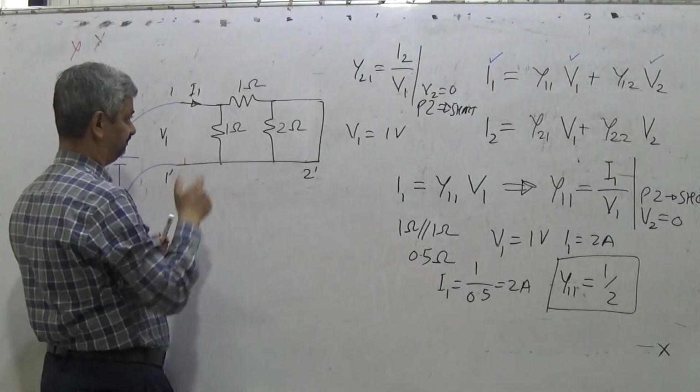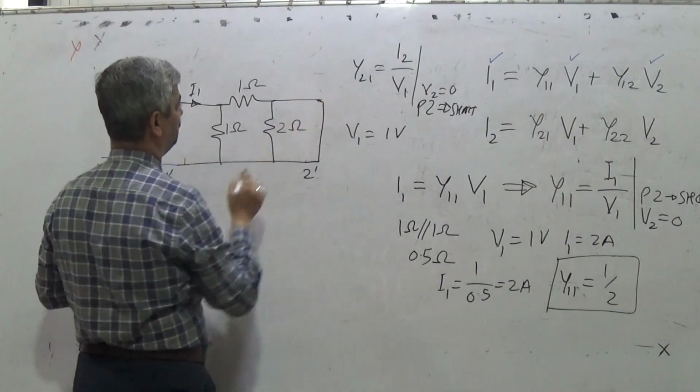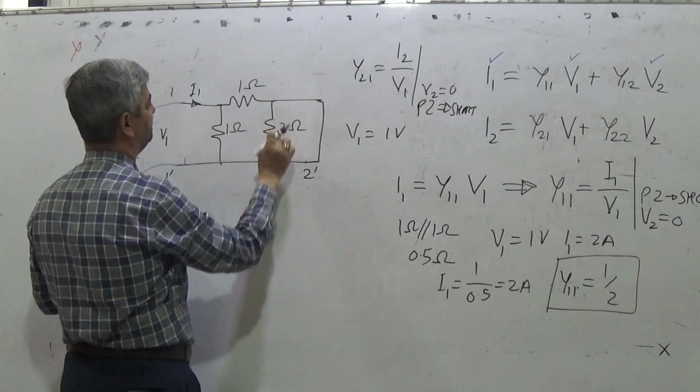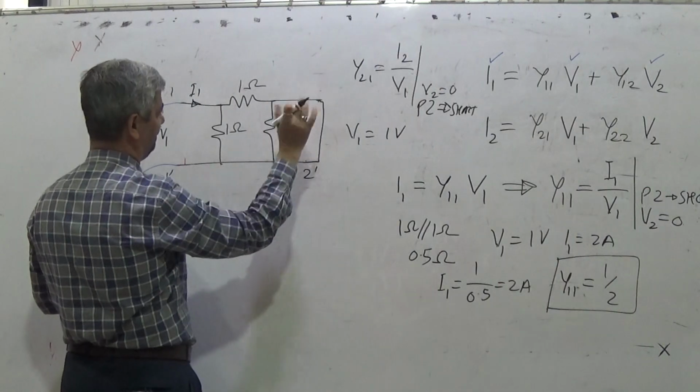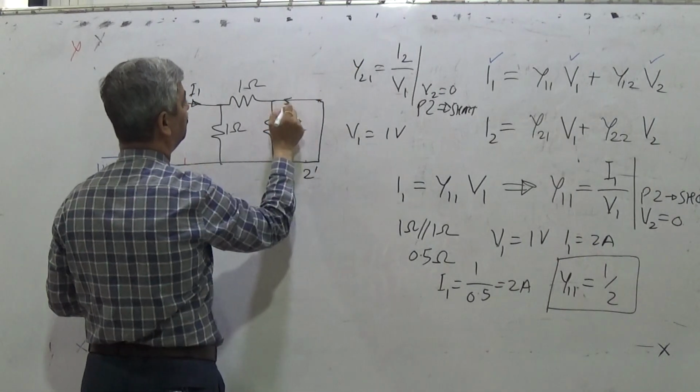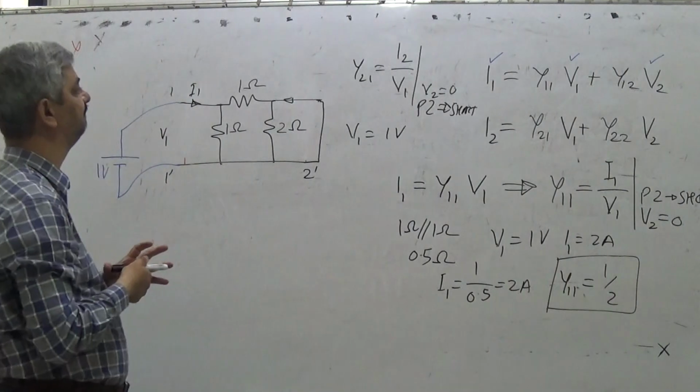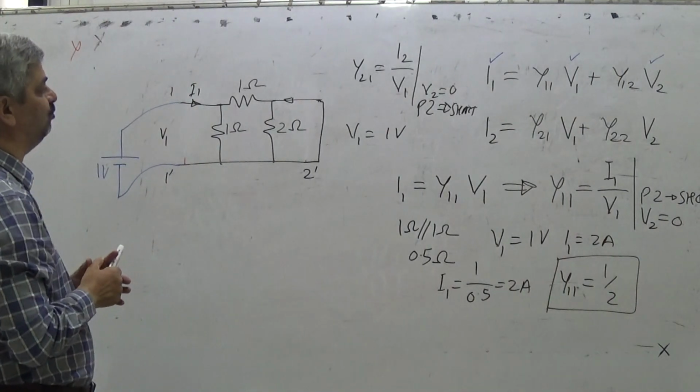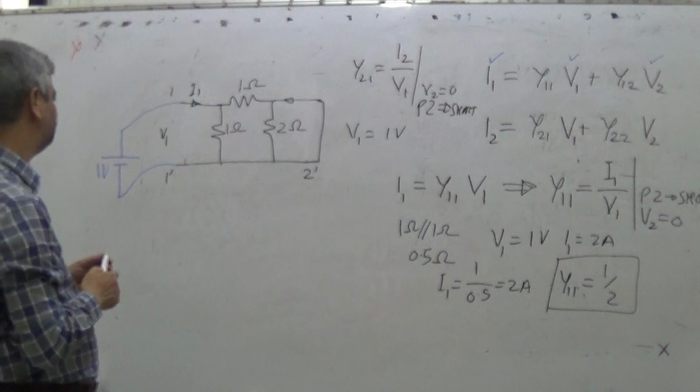V1 is 1 volt and this is now effectively bypassed. So what is I2? What will I2 be in this case?